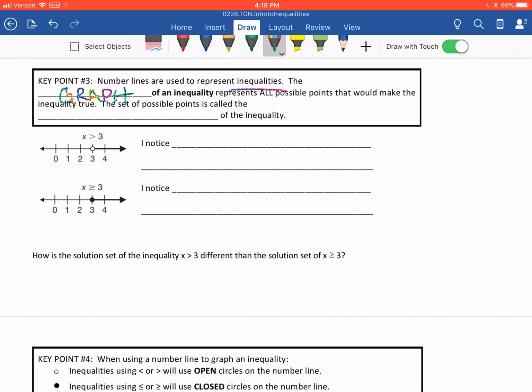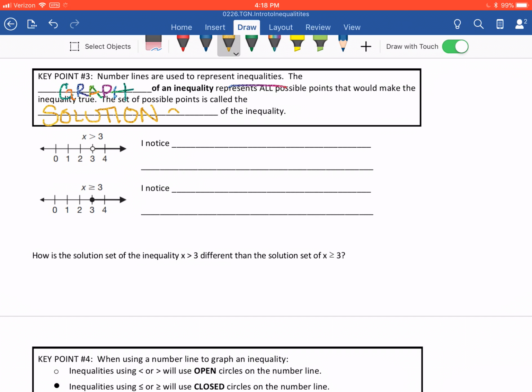The set of possible points is called the solution set. So I'm going to write the solution set. The set of solutions. We're going to look more into that right here.